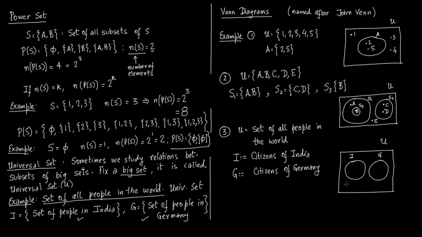And these 2 sets are disjoint, as you can see. So in this slide we talked about power set, we talked about universal set, and we talked about Venn diagrams.